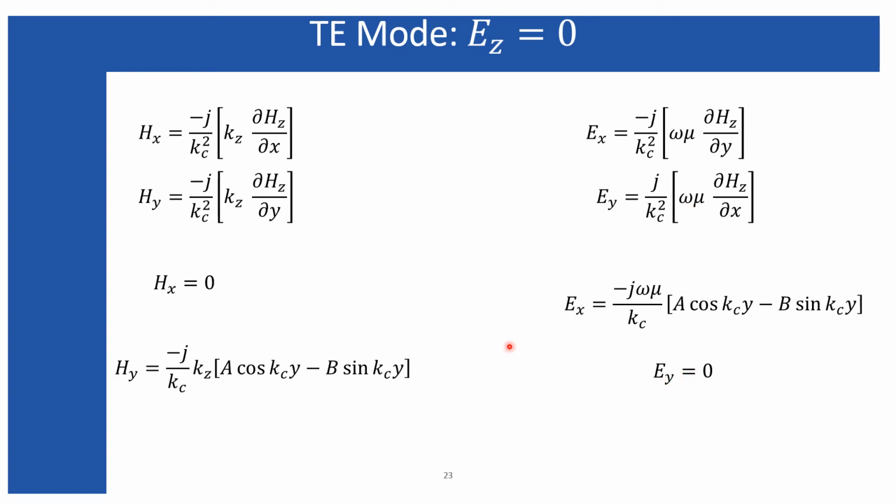So it leaves only two components, Ex and Hy. As a whole, here also we have three components, two for the magnetic field, Hz and Hy, and one for the electric field, that is Ex. And the boundary conditions should be applied for Ex.